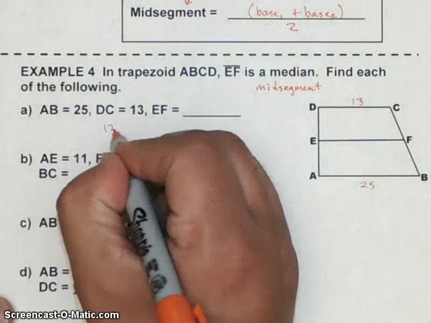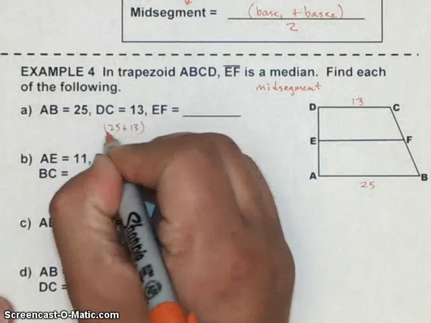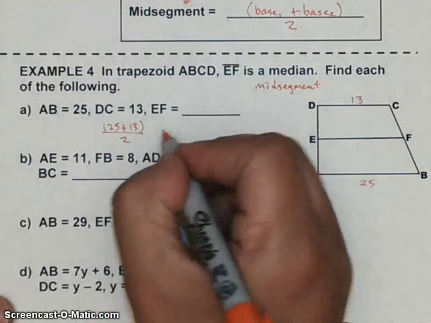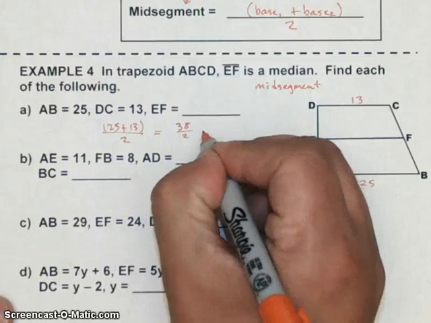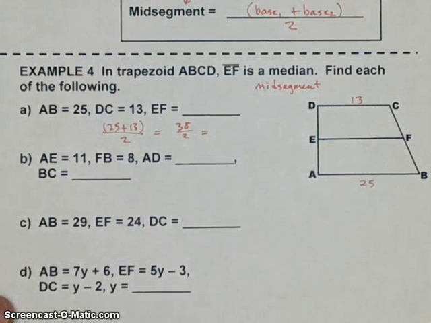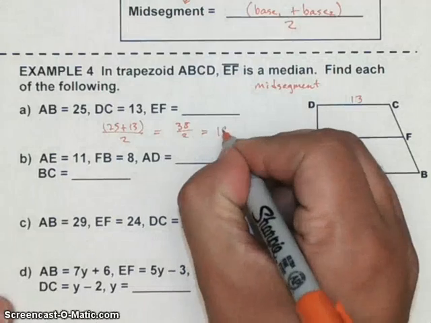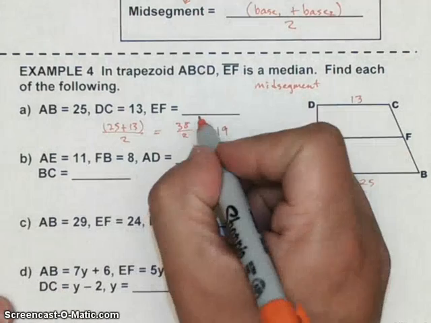So I would do 25 plus 13 and divide by 2. So that's going to give me 38 over 2. 38 divided by 2 is going to be 19. So the distance from E to F is 19.